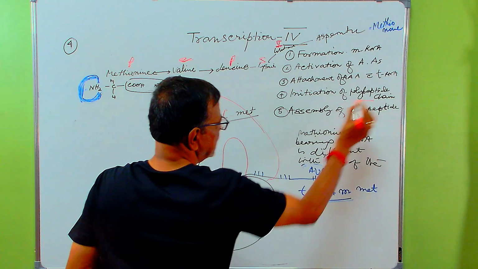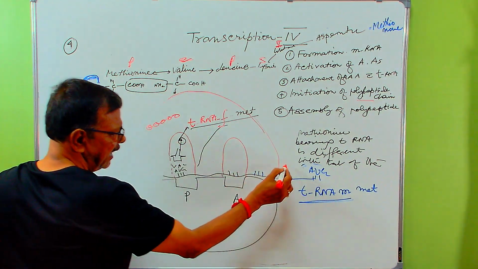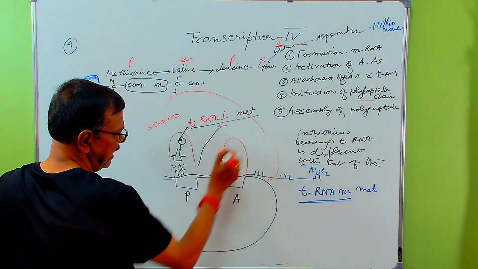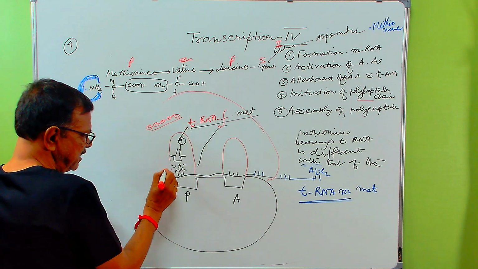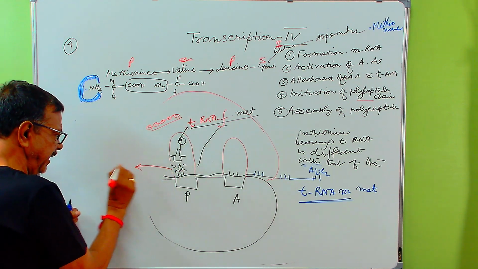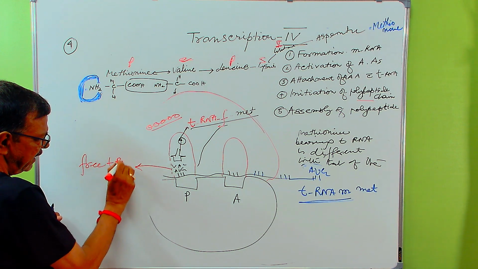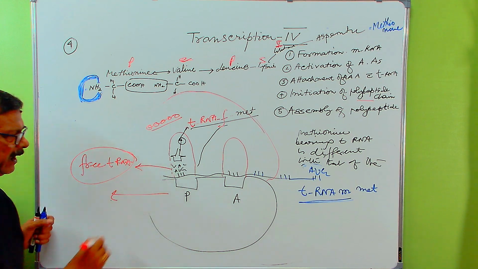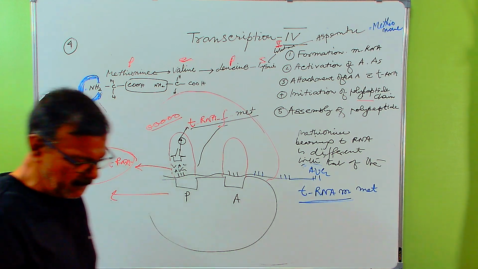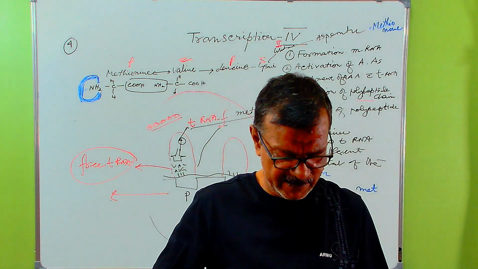Here we have the polypeptide chain prepared. After the formation of the polypeptide chain, the tRNA gets diffused, and the free tRNA, write simply the free tRNA, goes out of the ribosome and enters into the cytoplasm for collection of further amino acids.